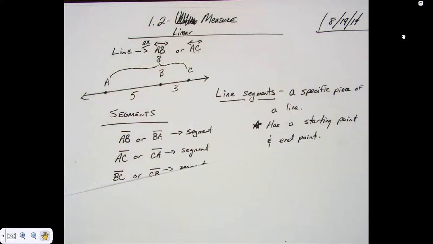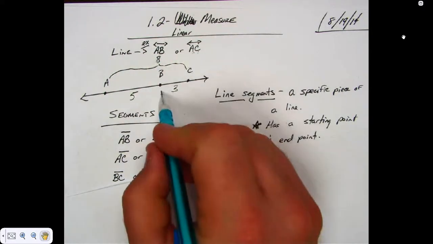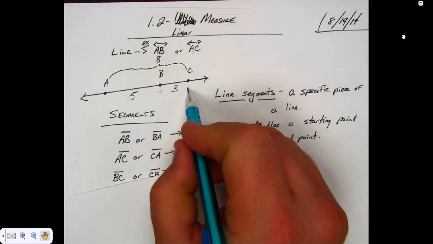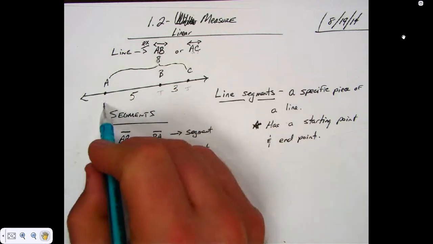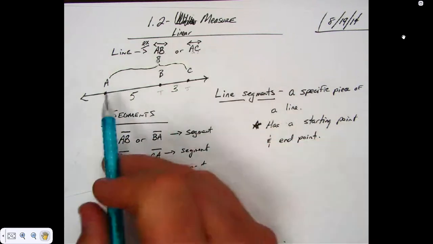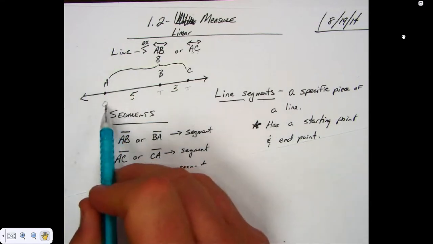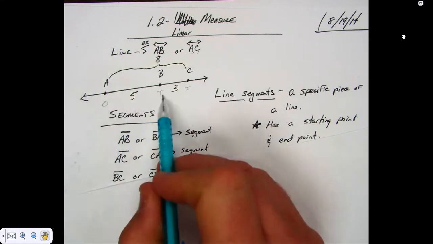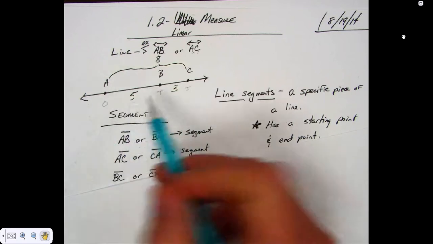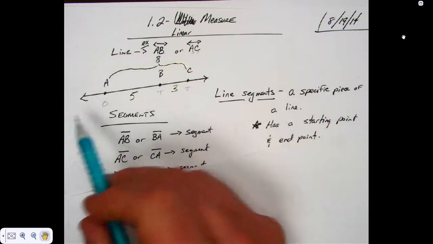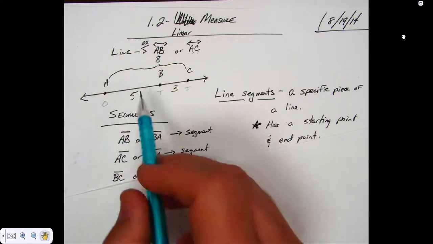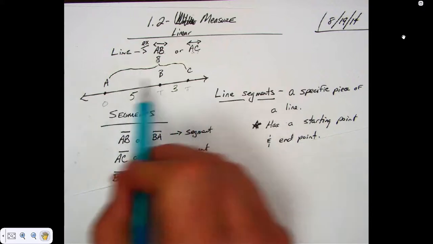Because this is just like if this was Tulsa, this is Jenks, and this is Owasso. And this is a straight shot to either of them. I know this, of course, isn't right. But if I said, okay, I drove to Tulsa, then from Tulsa I drove to Jenks, how far did you drive? 8 miles, right? The two smaller parts equal what?